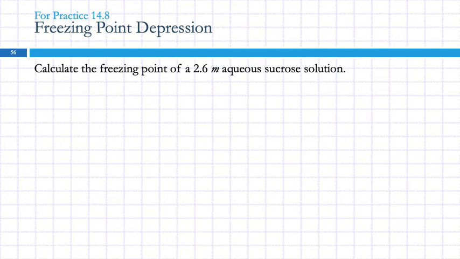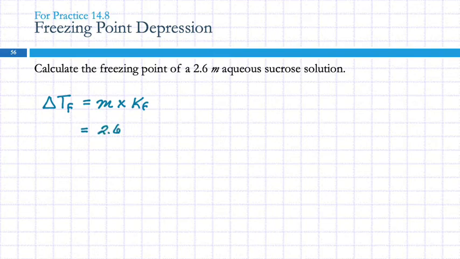So here, calculate the freezing point of a 2.6 molal aqueous sucrose solution. So freezing point depression, delta TF, is equal to the molality of the solution times the freezing point depression constant. This is just a refreshing change. They're not making us calculate the molality. They just told us what it is. Thank you.